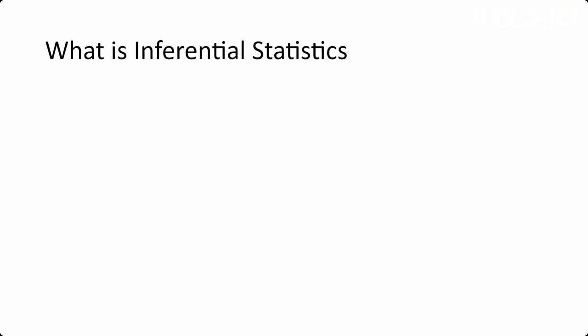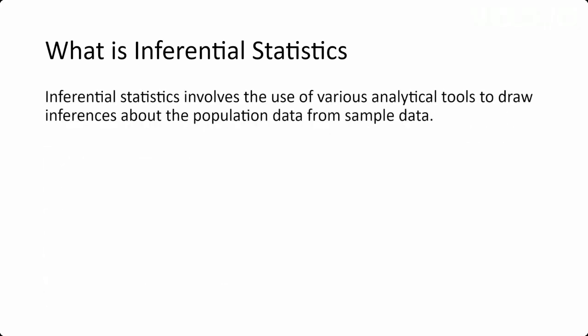So what is inferential statistics? Inferential statistics involves the use of various analytical tools to draw inferences about the population data from sample data. So the idea is you pick up a sample and draw a conclusion from the sample about the entire population.